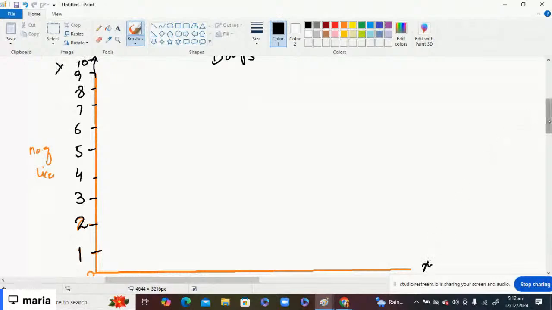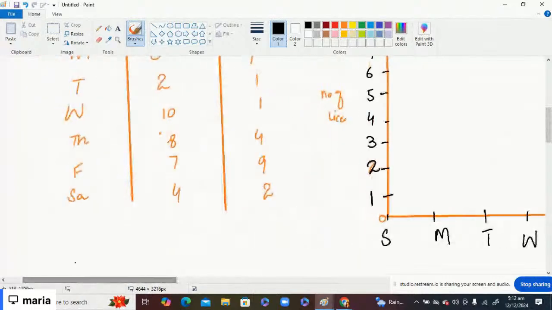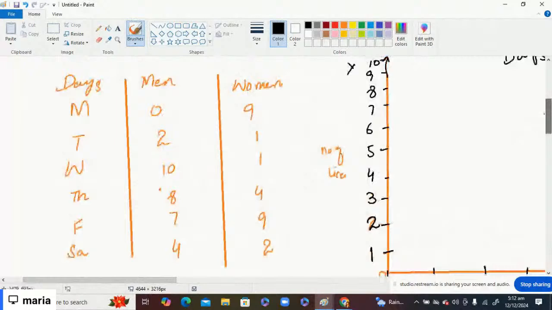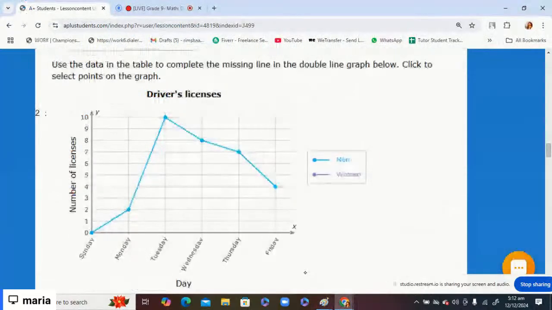Now for the x-axis we're going to put Sunday, Monday, Tuesday, Wednesday, Thursday, Friday, and Saturday. It starts from Sunday. Here, is it given for Sunday or not?